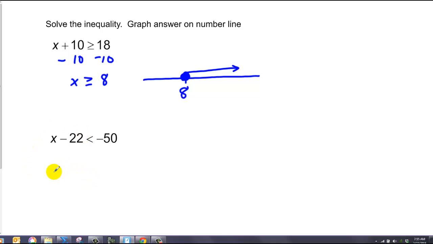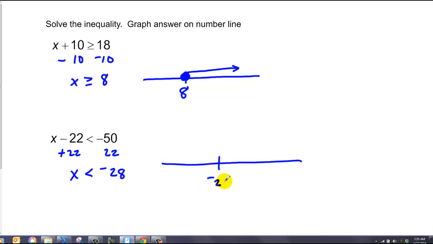In this example, I have x minus 22 is less than negative 50, so I add 22 to both sides, which leaves me with negative 28, and x is just less than negative 28. So the difference between these two graphs is as follows. Here's my negative 28, and I just want to show the numbers that are less than negative 28, so not including it.